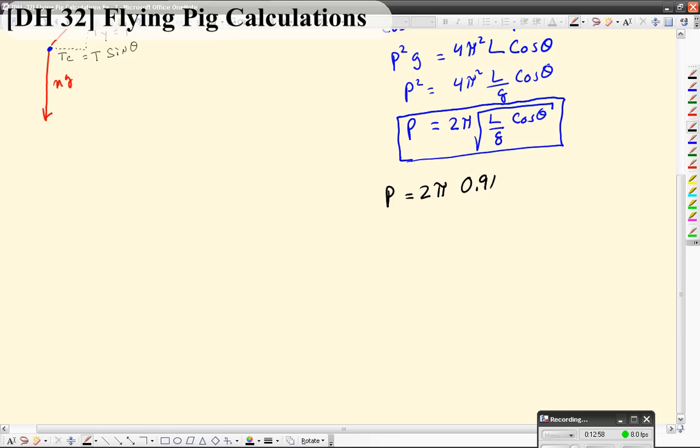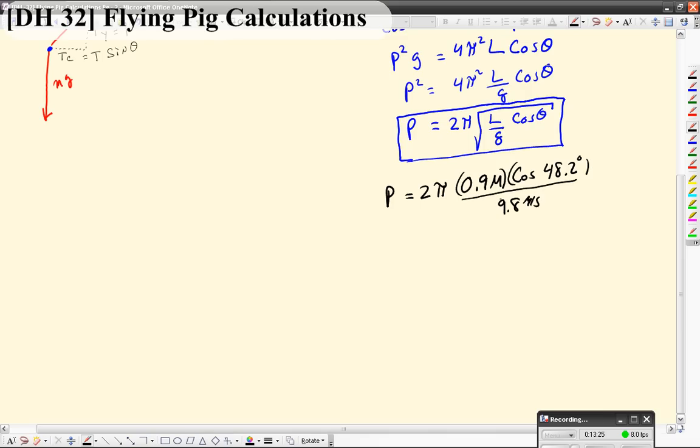0.9 meters, times the cosine of the angle, which we got 48.2 degrees. Remember, we took 60 centimeters for the height, and 90 centimeters for the hypotenuse, the length of the wire, and we got 48.2 degrees. And we're going to divide that by 9.8, the acceleration due to gravity on Earth.